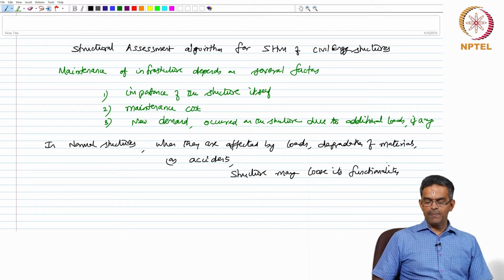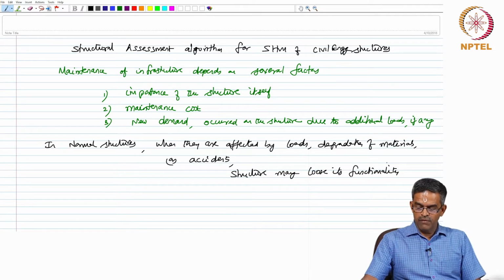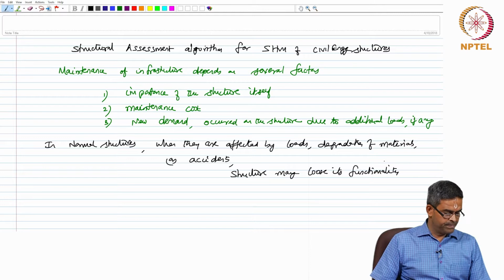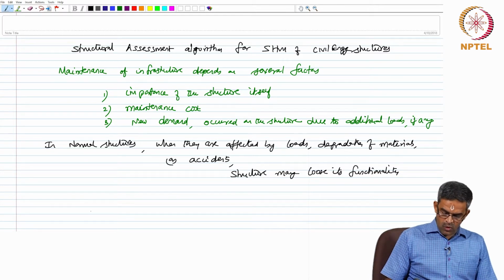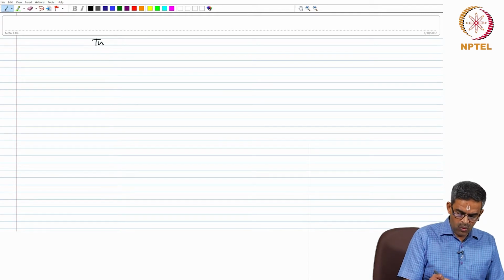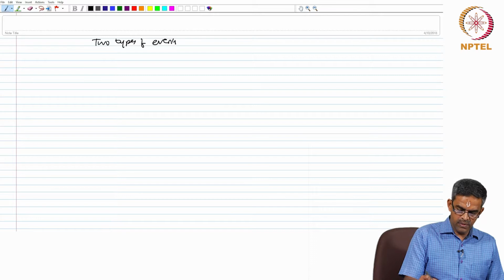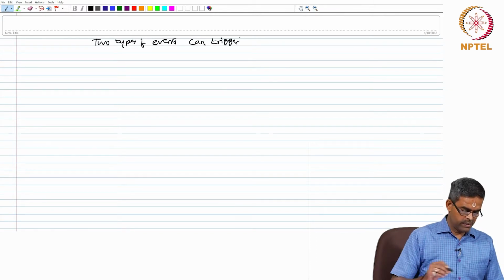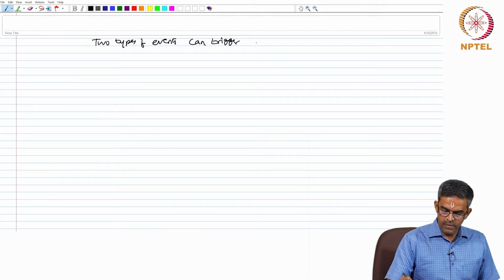It may not collapse, but the functional performance of the structure may get degraded. So, two types of events can trigger an inspection of a structure.